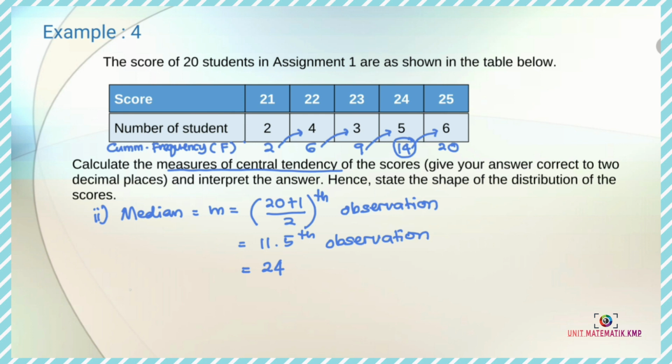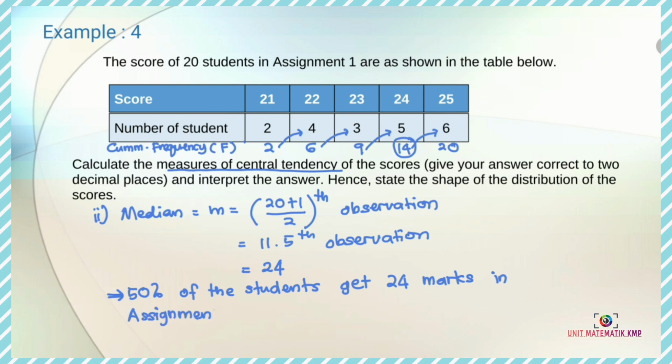And the interpretation for the median equal 24 is 50% of the students get 24 marks in assignment 1.